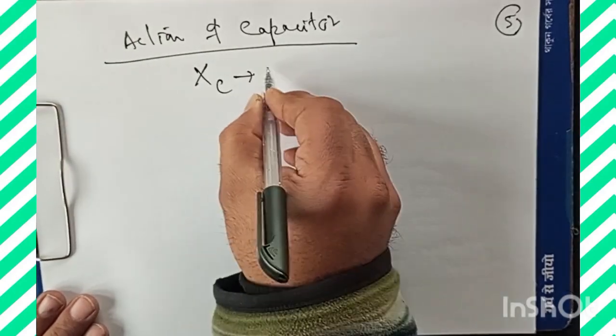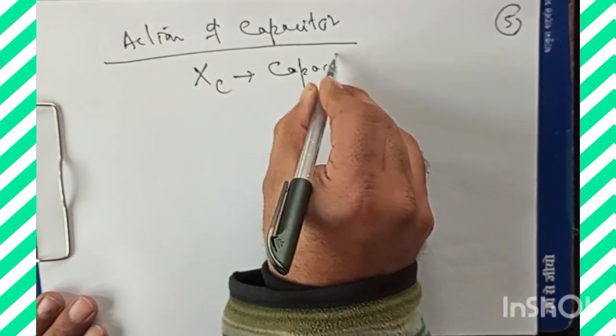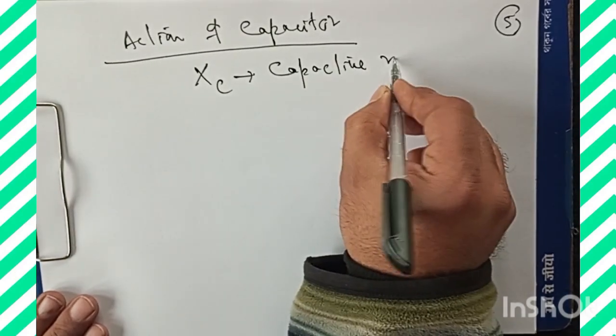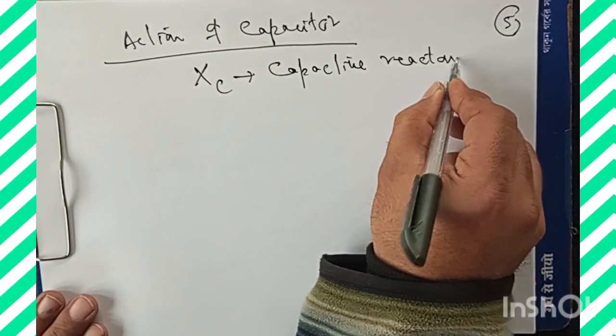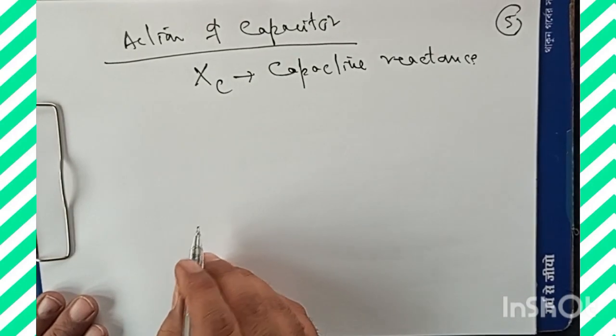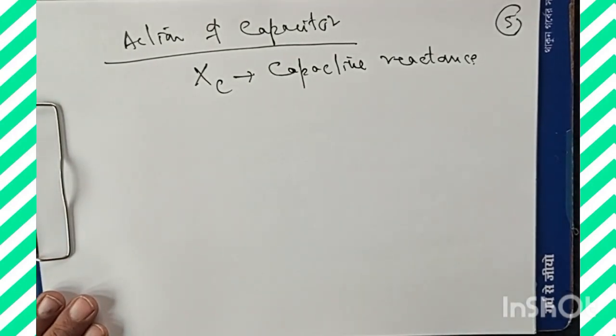What is XC? That's capacitive reactance. And this is the opposition part of the capacitor that gives the measure of opposition that this capacitor offers to the flow of currents.